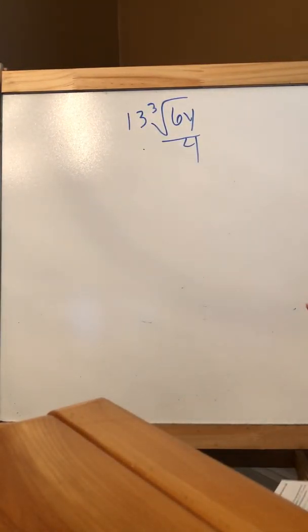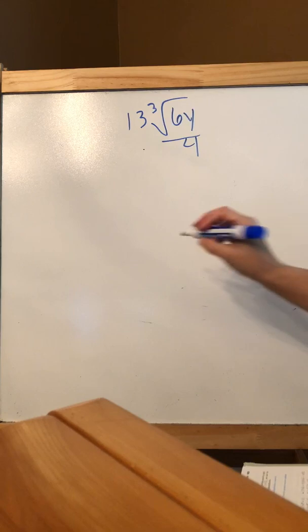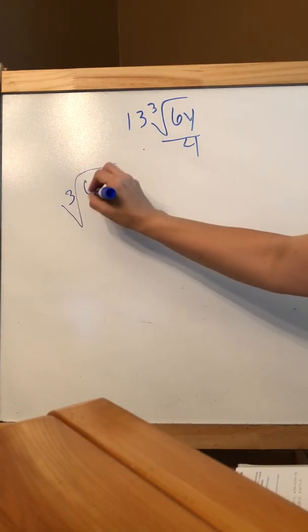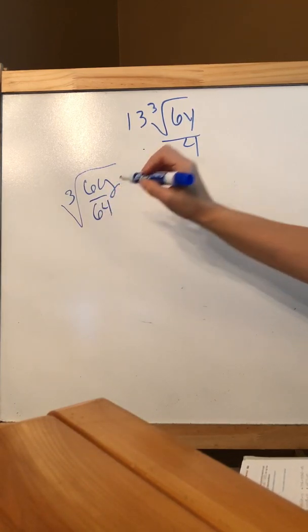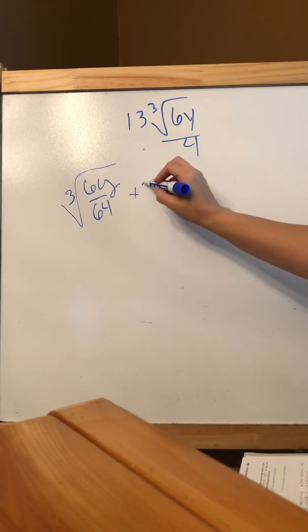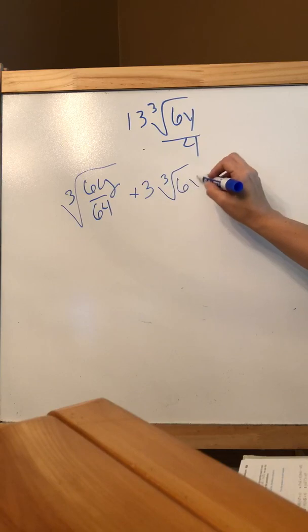Now we need to work the problem to get this answer. We had the cube root of 6y over 64 plus 3 times the cube root of 6y.